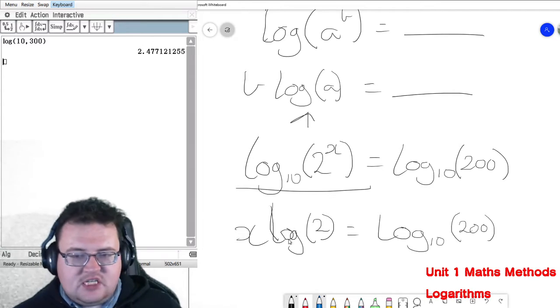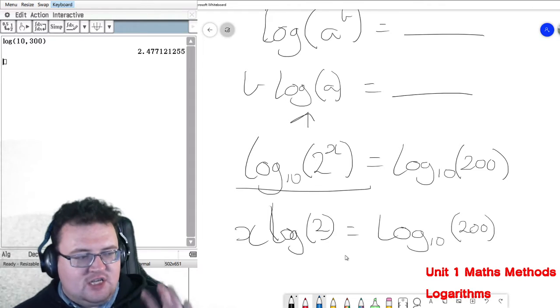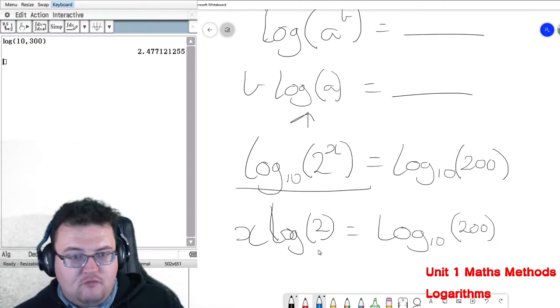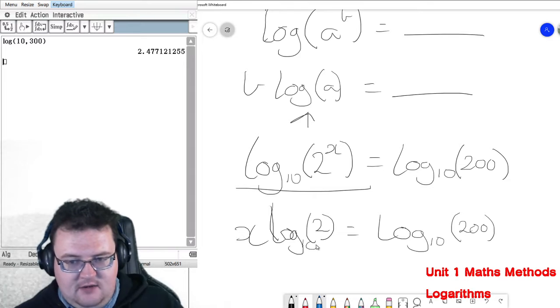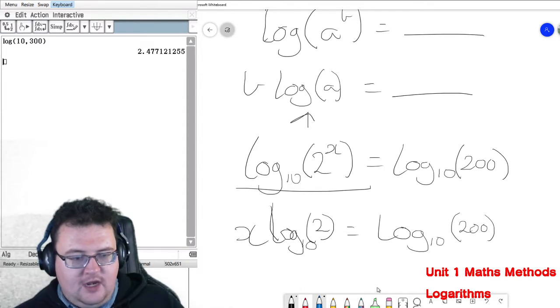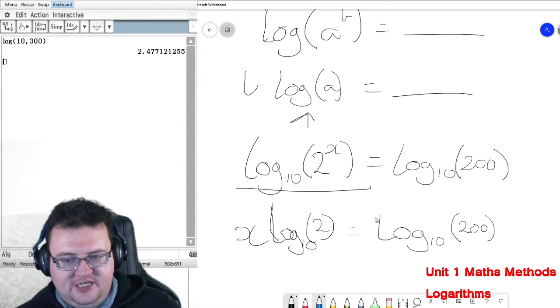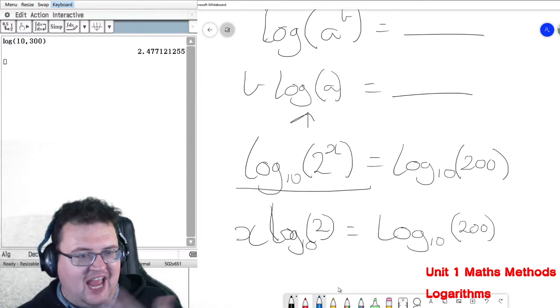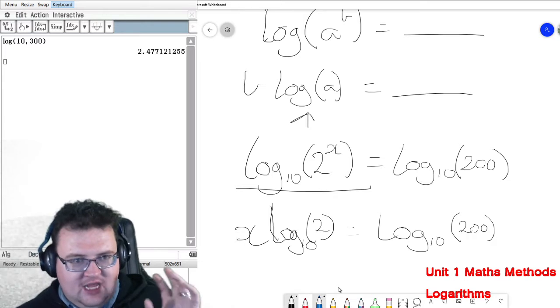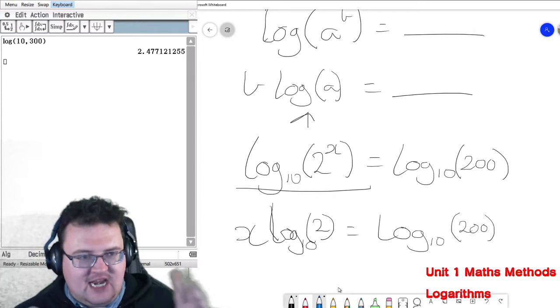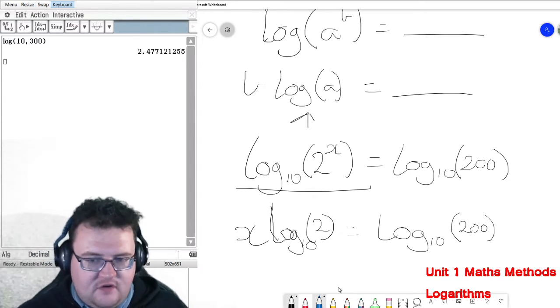Now, whenever you see someone write a log, if it's just log by itself and they don't write a number, assume it's 10. Otherwise they'll tell you what it is. And then log 10 of 2 is a number. It's a complicated number, but it's a number.